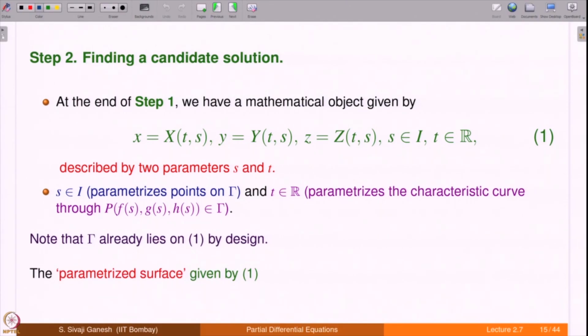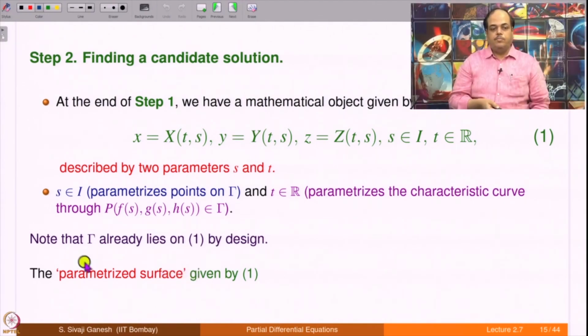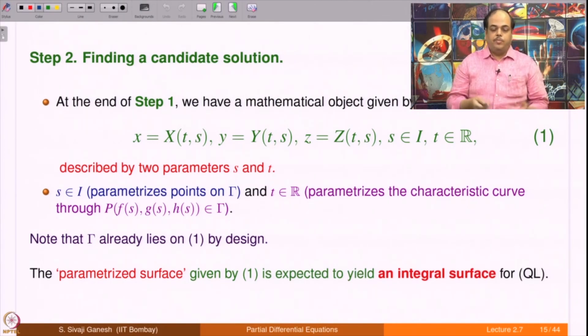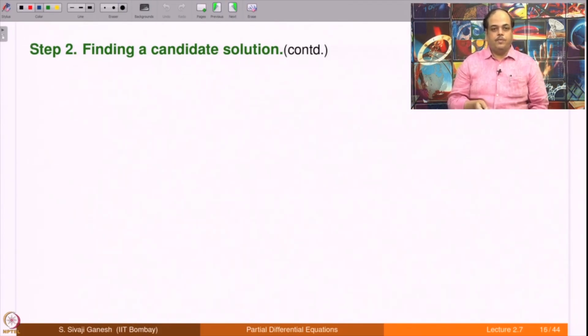The parameterized surface given by (1), I have put in inverted commas here because it is not clear. That it is a parameterized object is clear, but surface means we expect something, that is why I put it here until the confirmation comes. It is expected to be an integral surface because we were motivated by the theorem and therefore, we hope that we get an integral surface.